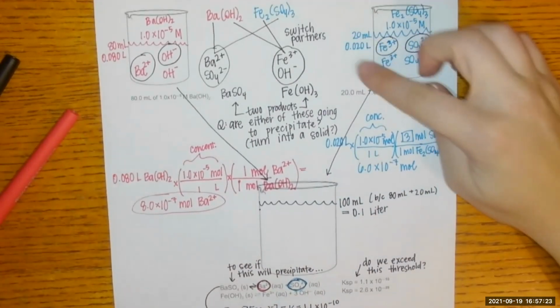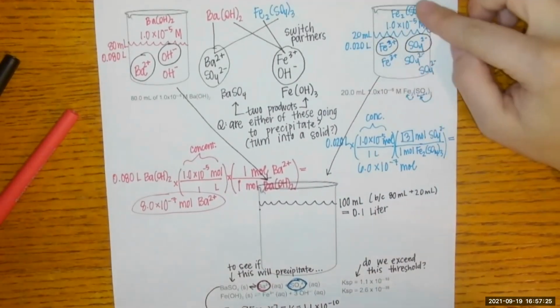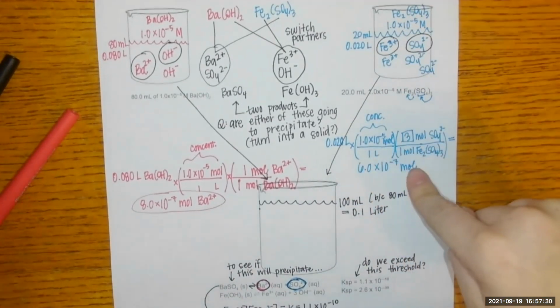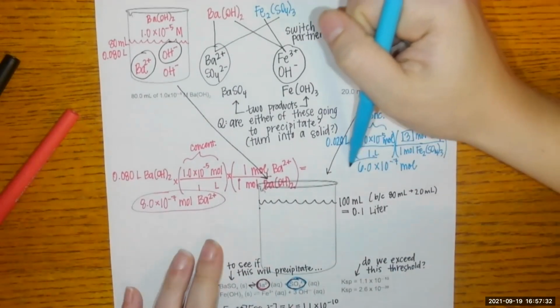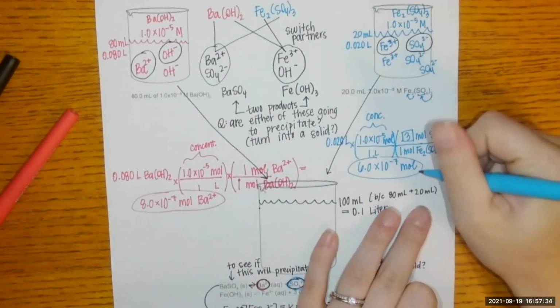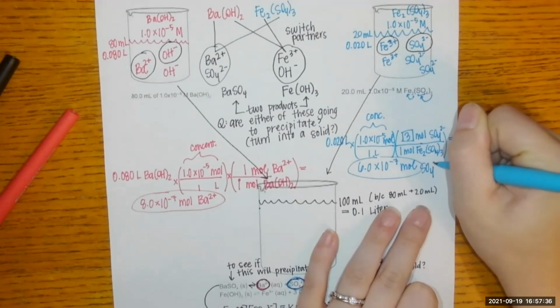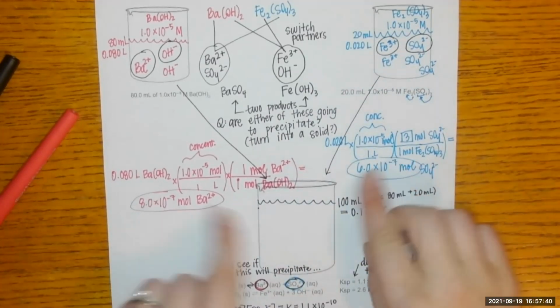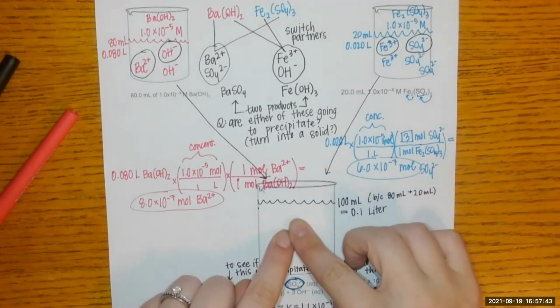From this beaker, I said, tell me about this beaker. Maths, there's this many moles of, I should label this, SO4 2 minus, the sulfate. All of this is in here.